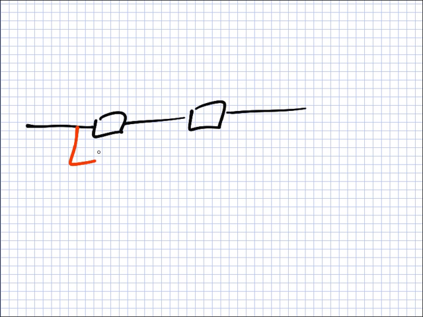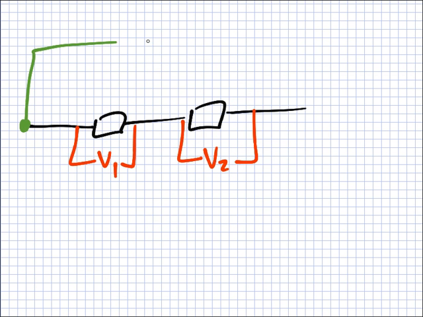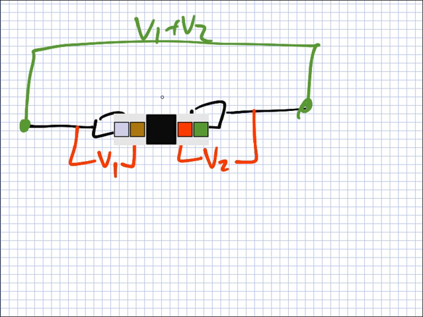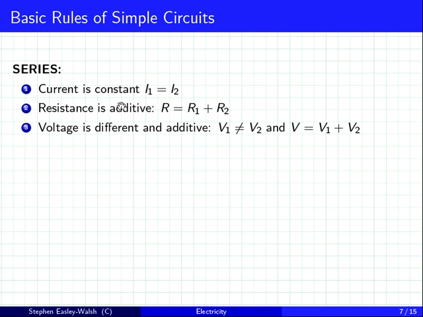So if you have one voltage here, V1, and one voltage here, V2, but if you measure the whole voltage, you'll discover the answer you get will be the same as V1 plus V2. So in other words, they're usually not equal unless they're the same, and they add up. Okay?